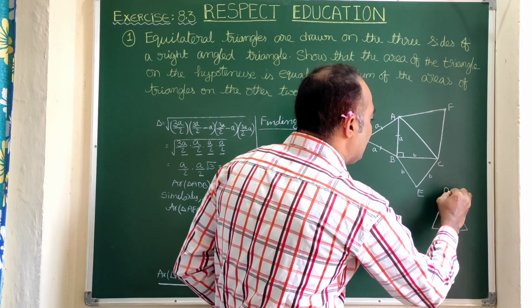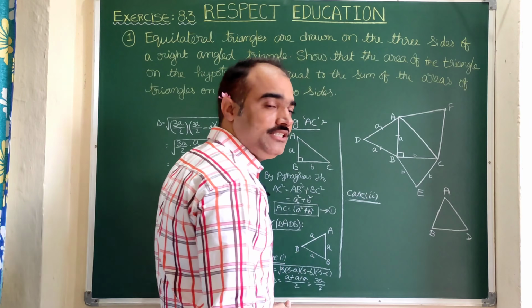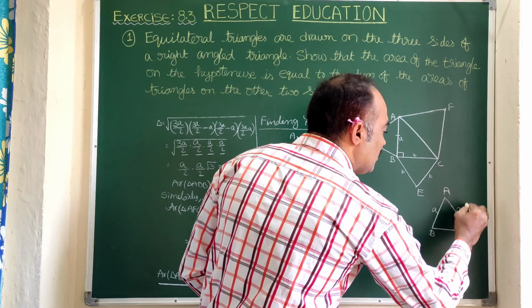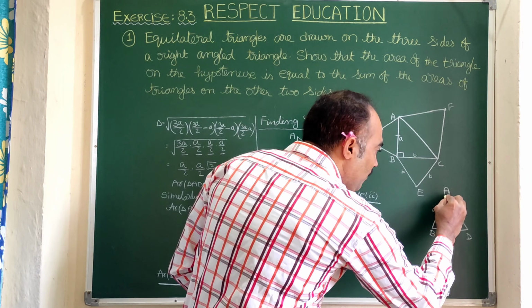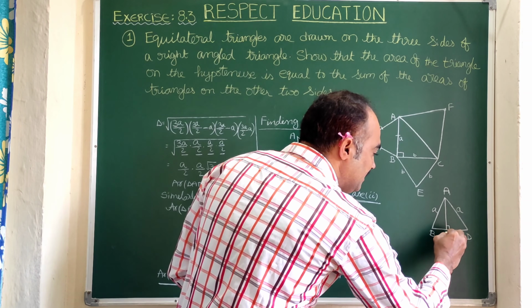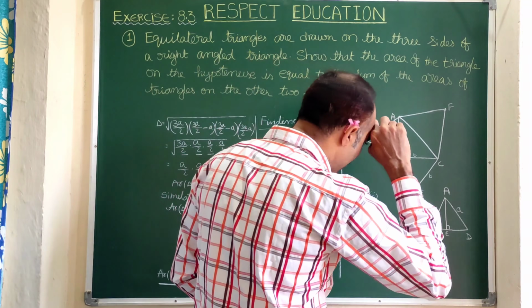So let us name it as A, B, D, in which the 3 sides are a units. This is a, this is also a, and BD is also a. From A, I am going to drop a perpendicular, that is AE.